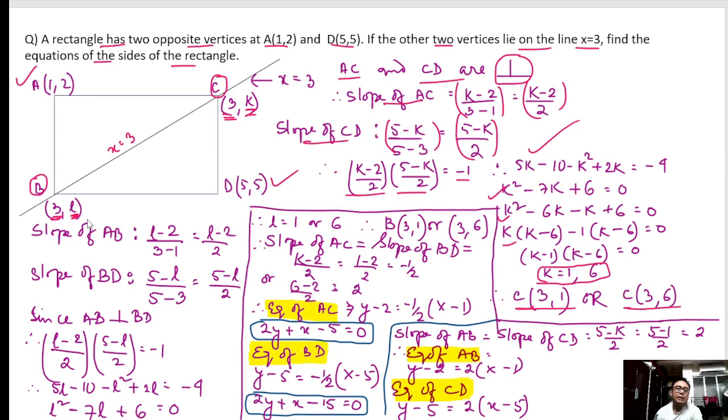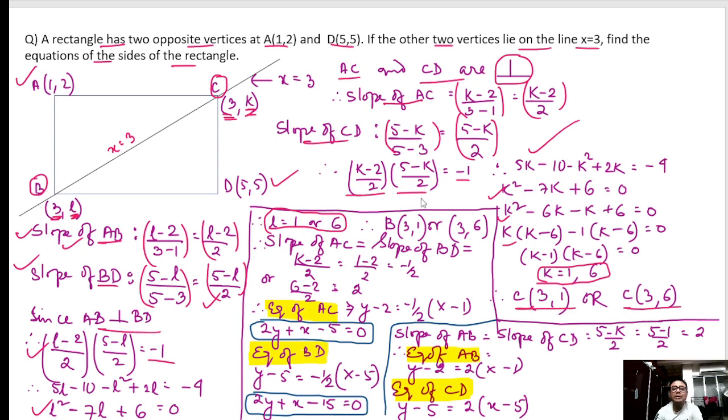Similarly, AB is perpendicular to BD. So what is the slope of AB? This. What is the slope of BD? This. Using the formula y2 minus y1 by x2 minus x1. Now these two lines are perpendicular, so the product of the slopes is -1, and this gives a quadratic equation, and if we solve it, I am getting L as 1 or 6.